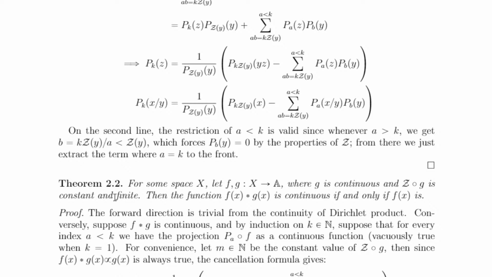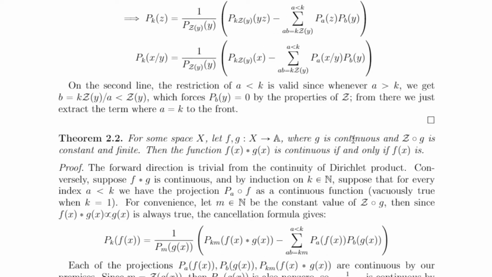So as long as g is a non-zero function, so it's never zero, and also it's constant, this product f times g is continuous if and only if f is continuous. We can think of this as, when we go from f times g over to f, that's a cancellation of g. We're canceling off the g function in order to go from f times g over to f.